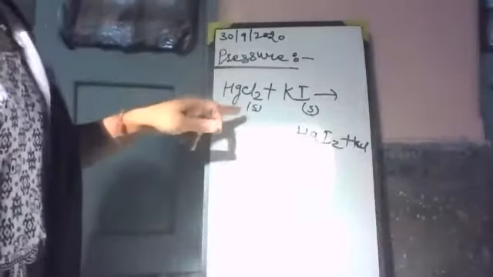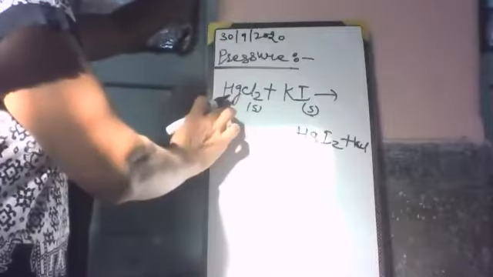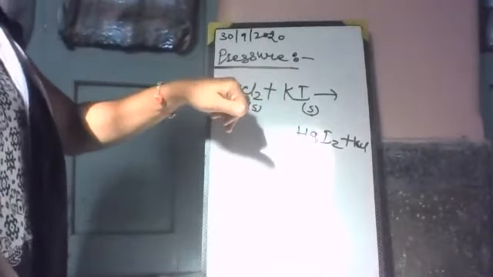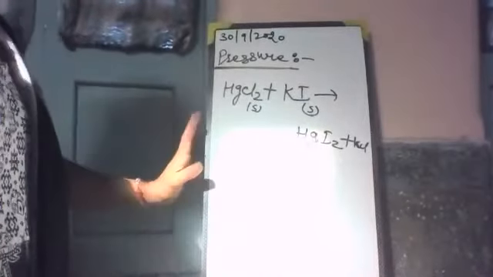HgCl2 and KI change into HgI2 and KCl. Here a displacement reaction takes place. Mercury reacts with iodide and forms mercuric iodide, and potassium reacts with chlorine and forms potassium chloride. This is an example of pressure.